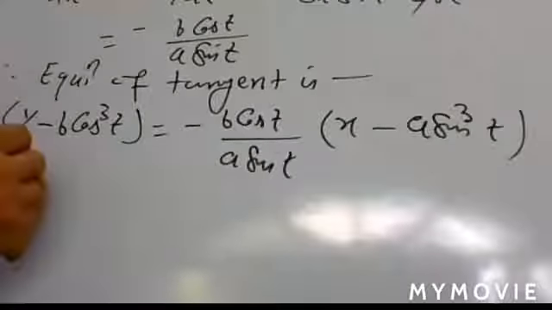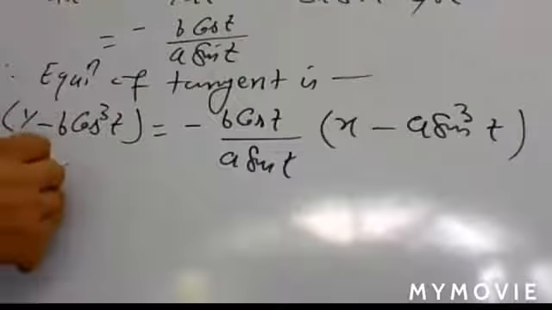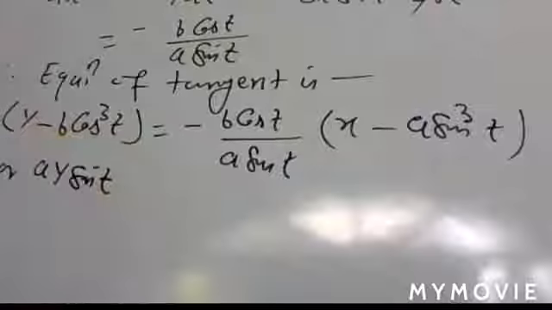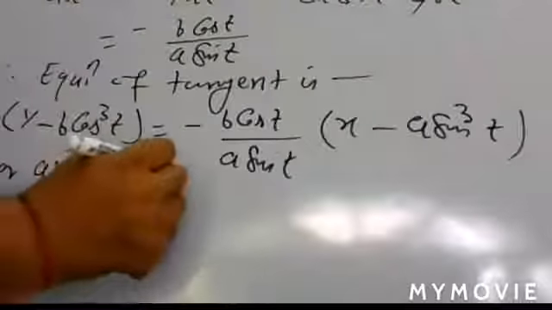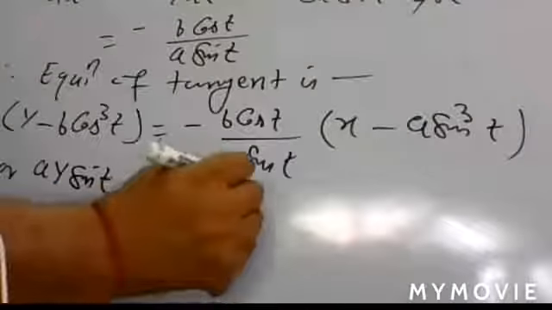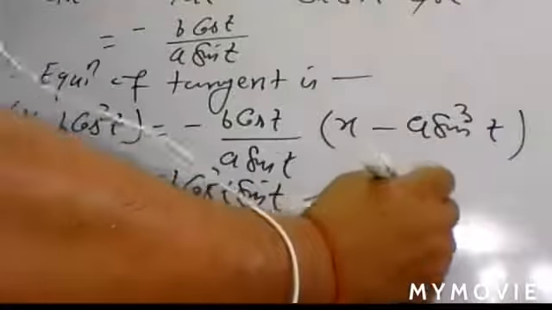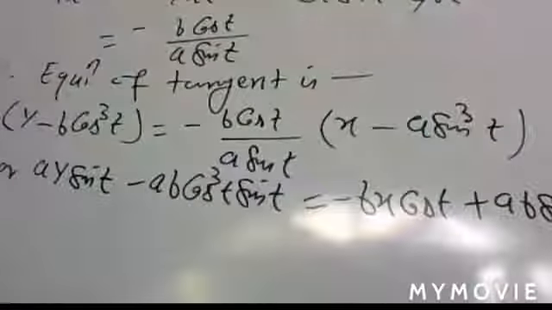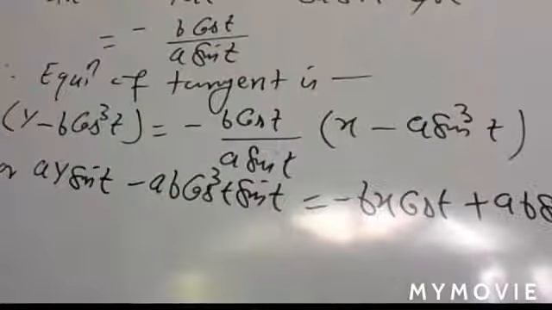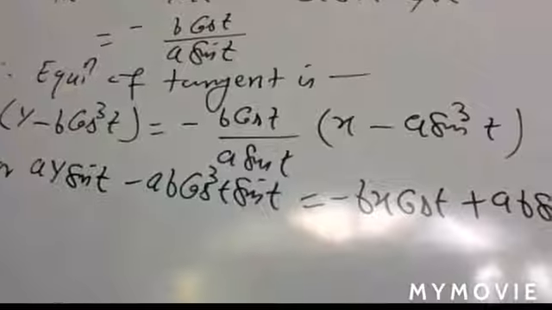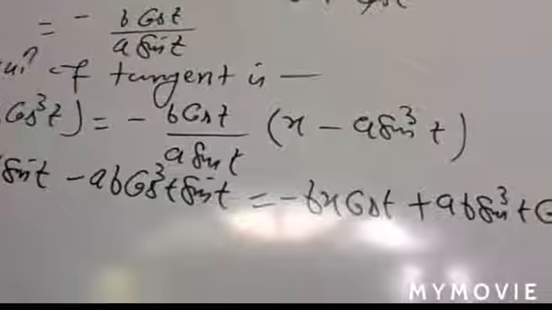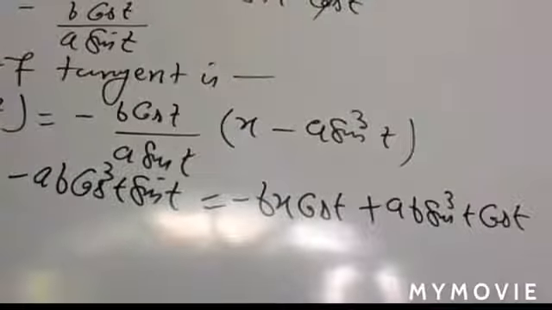So here you have ay sin t minus ab cos cube t into sin t is equal to minus bx cos t plus ab sin cube t into cos t. You write in this way.